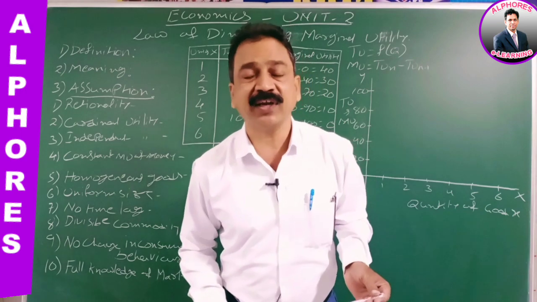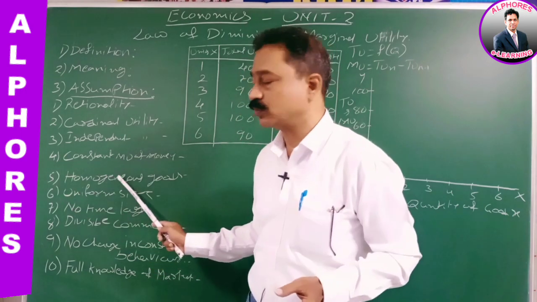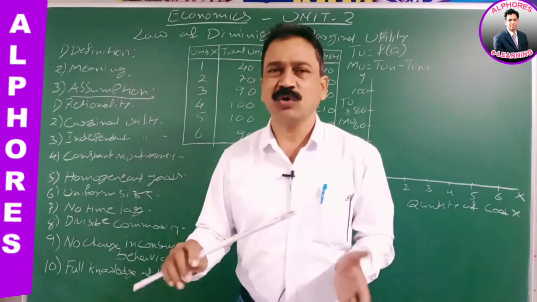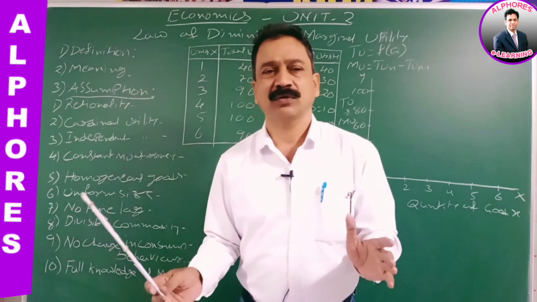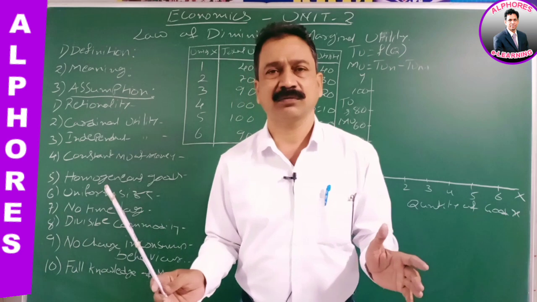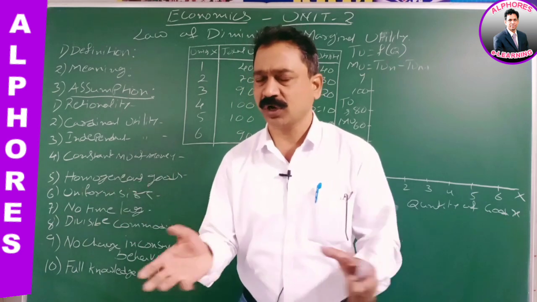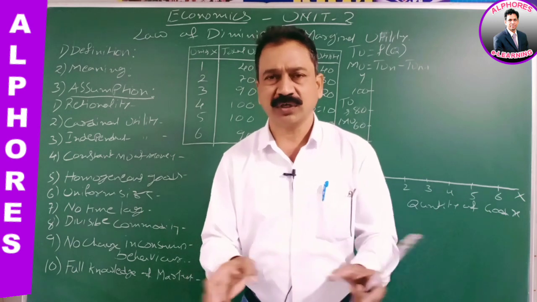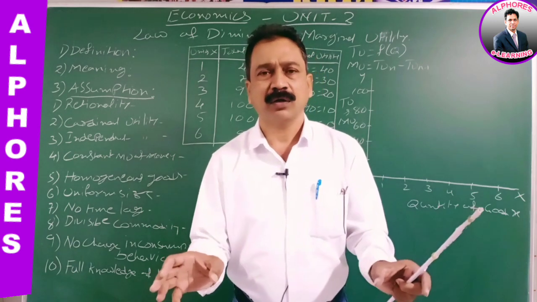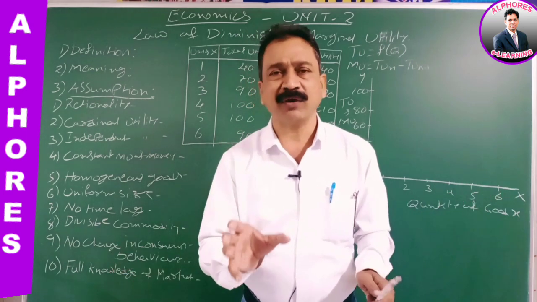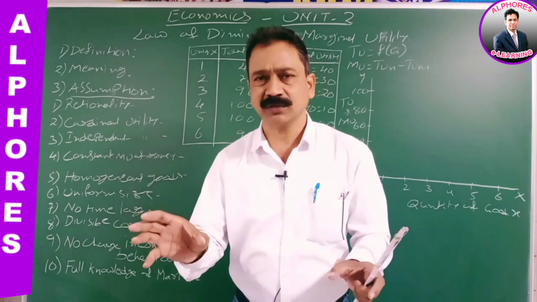Next, homogeneous goods. Only in perfect competition will we find homogeneous goods, but in real life we will find heterogeneous ones. They are different from each other. They are not the same. Even if you see apples in a shop or with a fruit vendor, they are not all the same. If you go for mangoes, they are not of the same size.